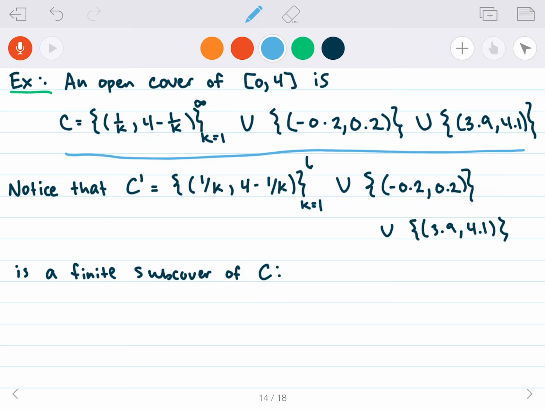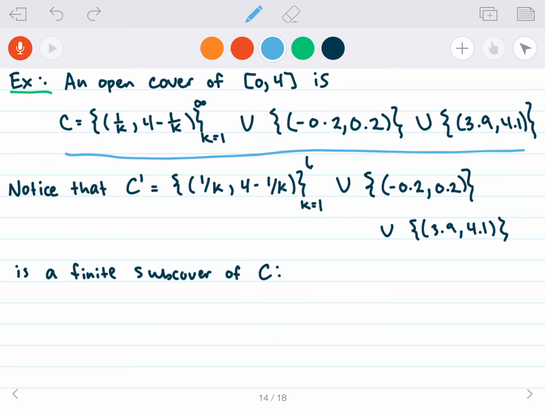This is an infinite open cover because this piece has infinitely many sets in it, and it contains a finite subcover. If we just go up to the 6th element, like U sub 6, and we union these, this is going to cover 0, 4 in its entirety.